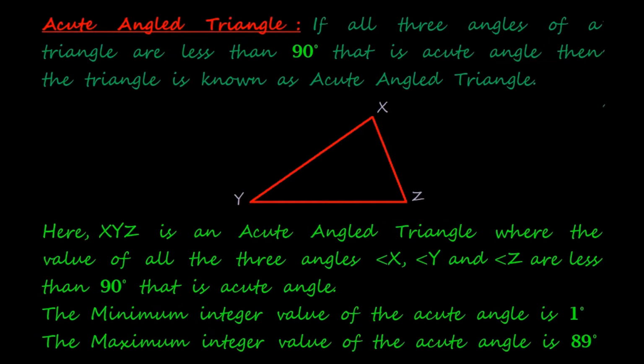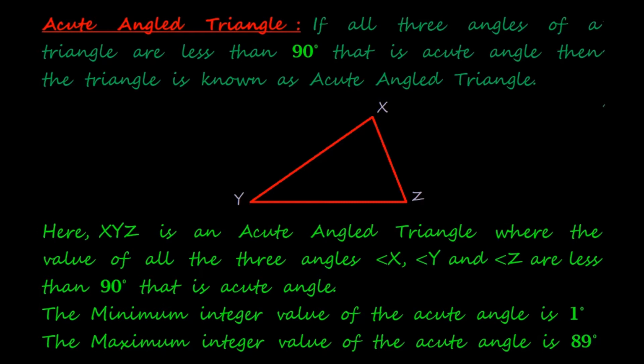Acute angled triangle. If all the three angles of a triangle are less than 90 degrees, that means if all the three angles in a triangle are acute angles, then the triangle is known as an acute angled triangle.